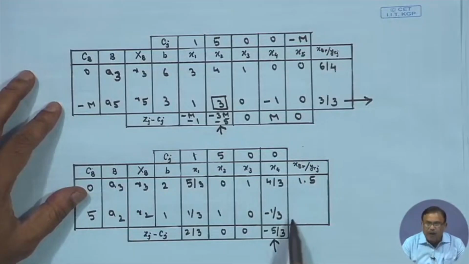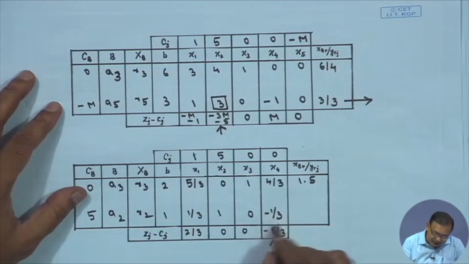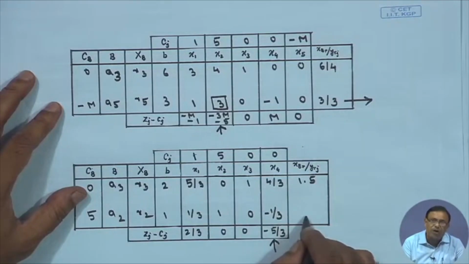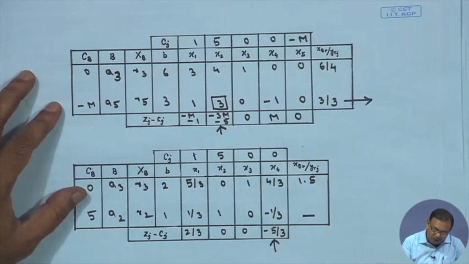Here the ratio must always be non-negative. If it is negative, then we will not consider that particular ratio, because the ratio must be greater than or equal to 0. We discussed this when explaining the mathematics behind the simplex method. So, once you have a negative ratio, we will not consider it.